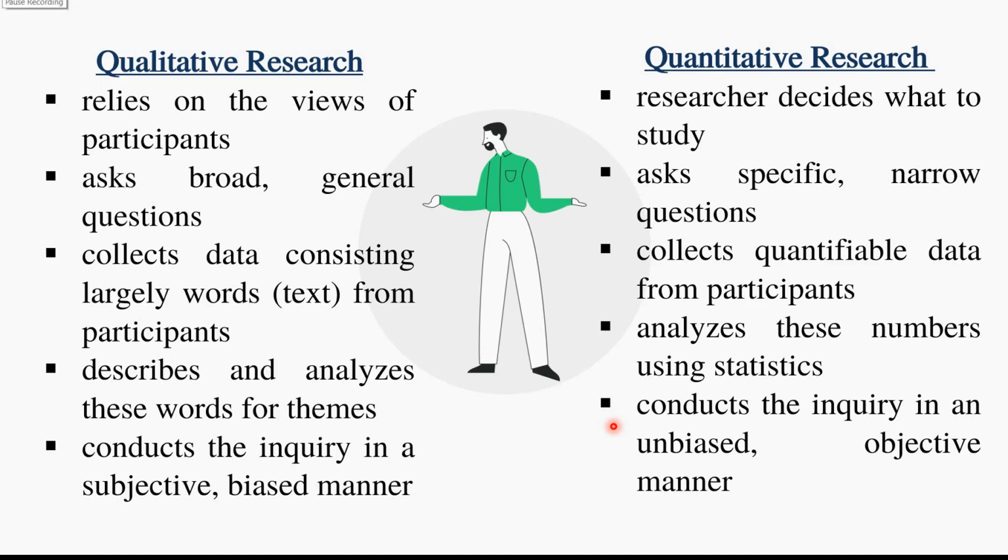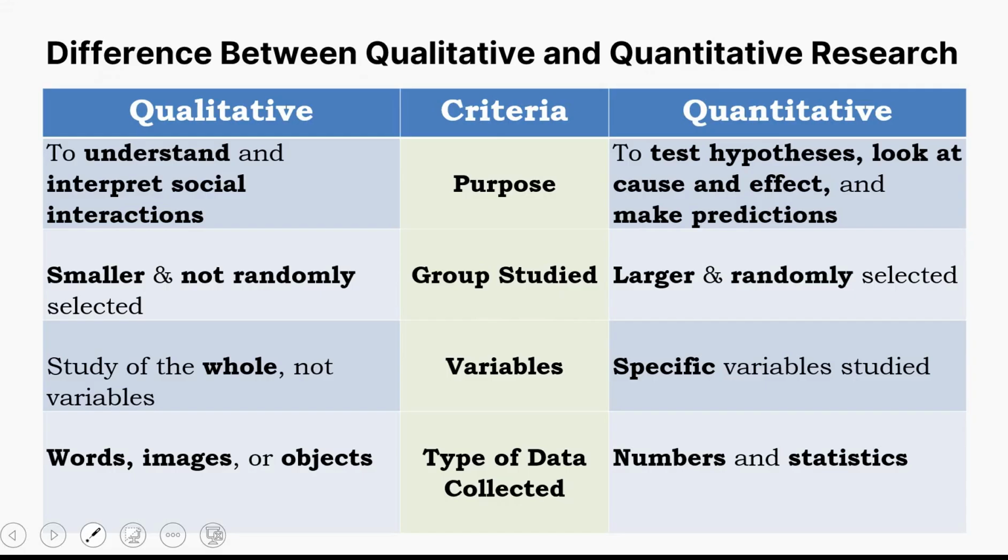Given the descriptions of both qualitative research and quantitative research, which of them would you like to focus on in your research project? Let's try to look at how one differs with the other. These two types of research differ with one another in various criteria.